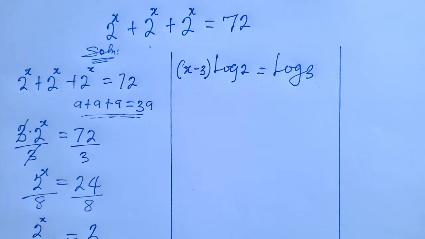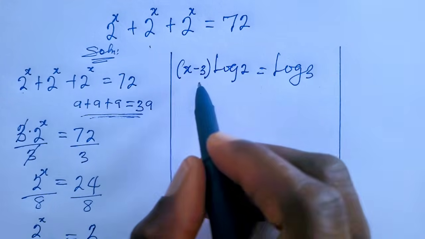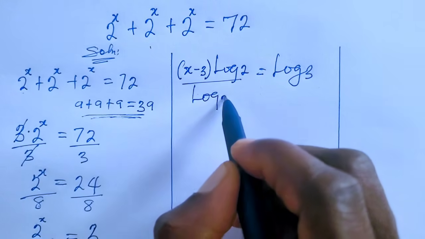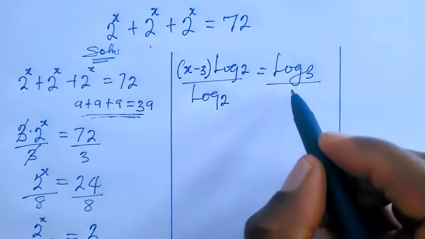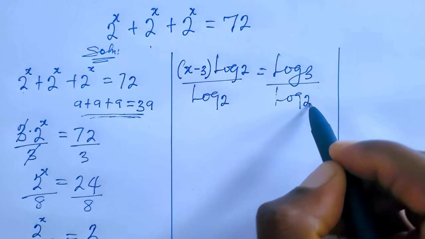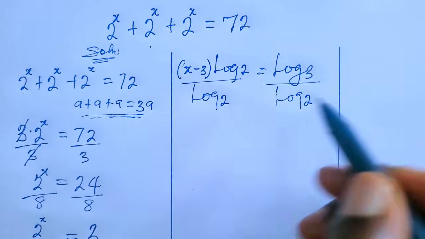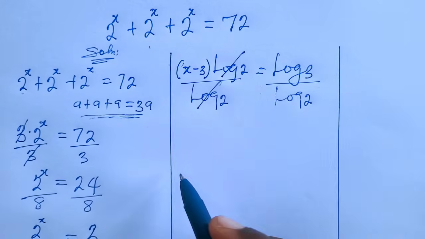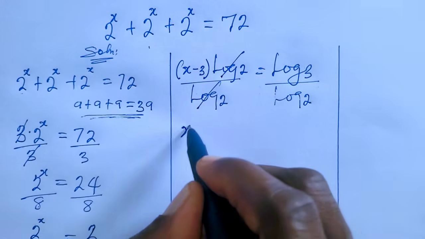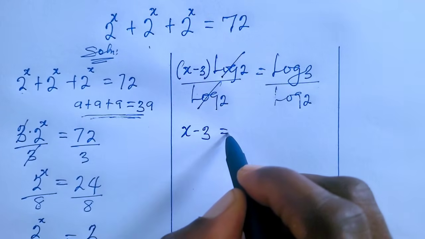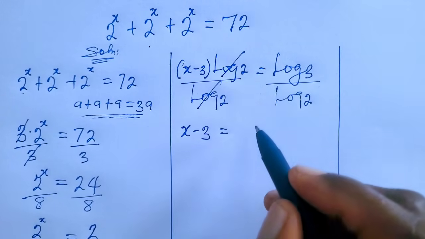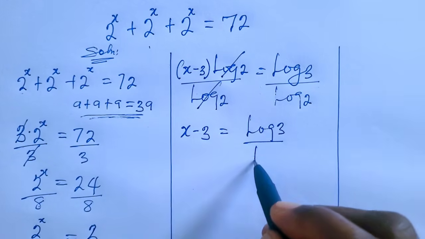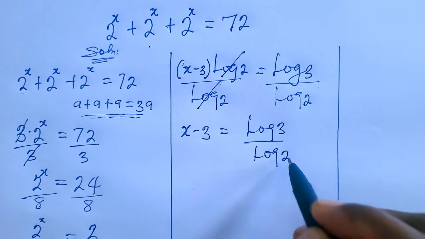Now again, the next step to be considered, I'm going to divide both sides of this equation through by log 2. Therefore, at the left hand side of the equation, log 2 will eliminate log 2, and the equation becomes x minus 3 equals log 3 divided by log 2.